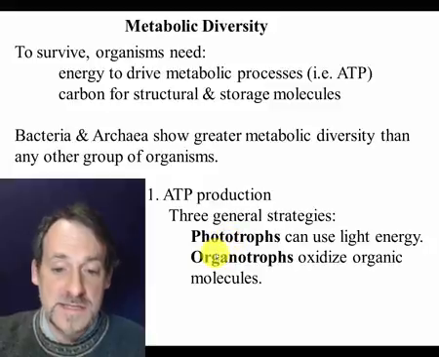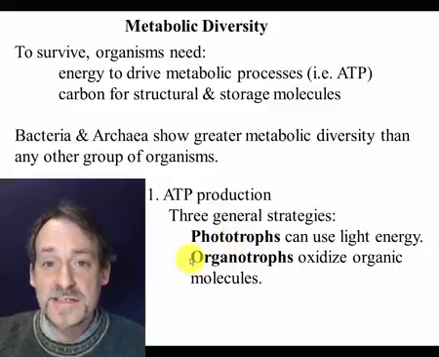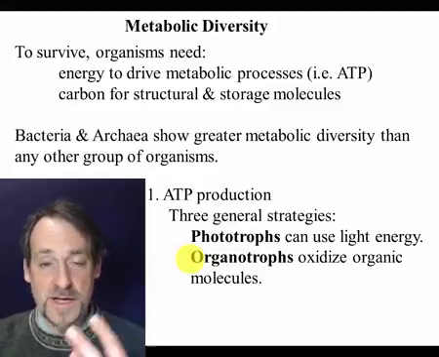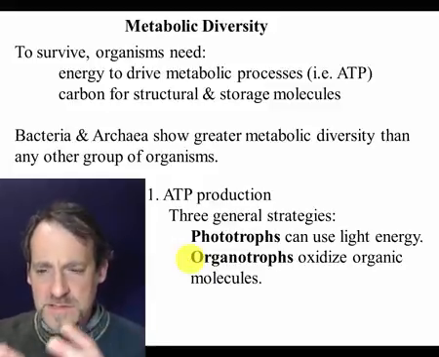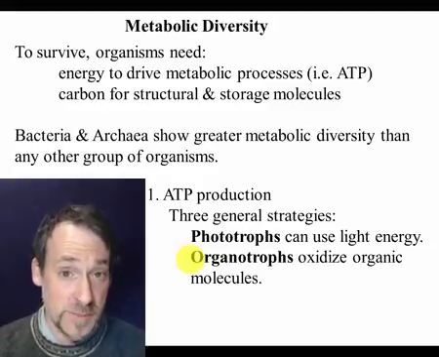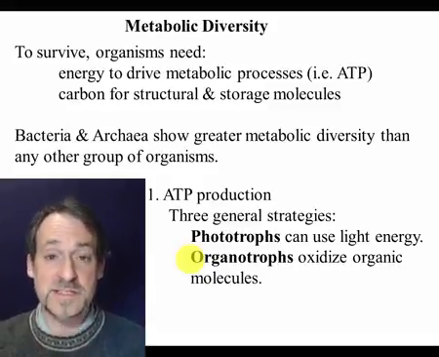Organotrophs eat organic molecules. That is, they take high energy organic molecules and they oxidize them. They strip electrons away from them, donate them to some lower energy compound, some electron acceptor, and in that process they get energy out that can be put into ATP.